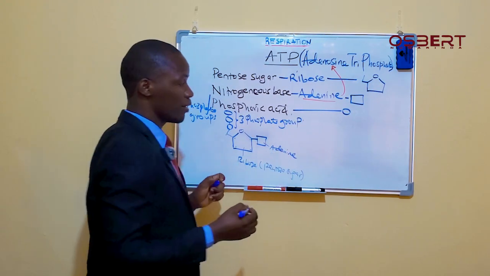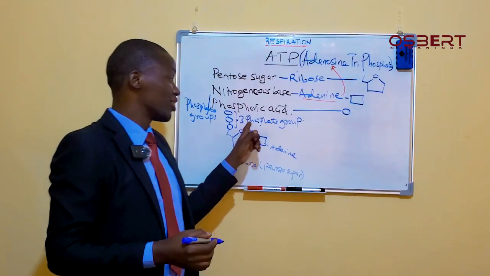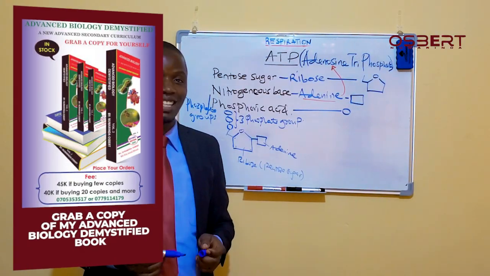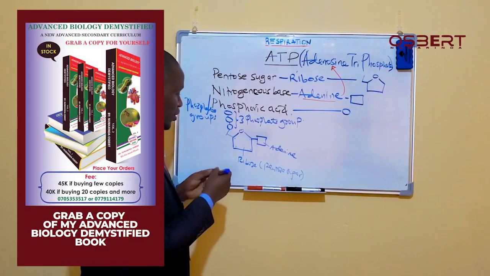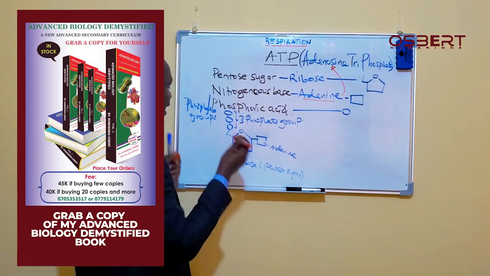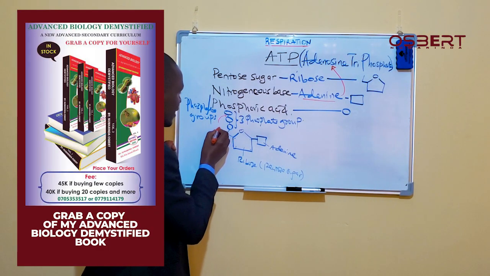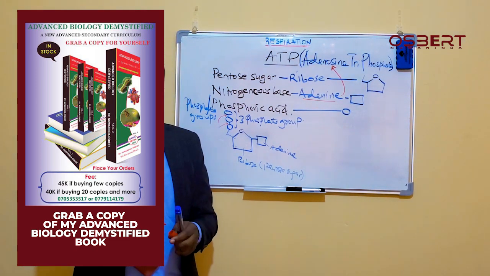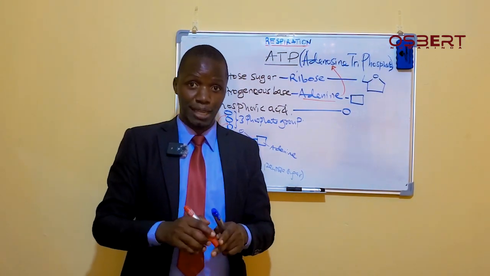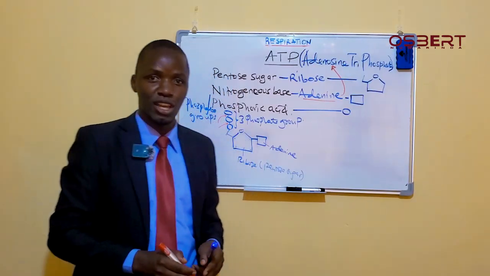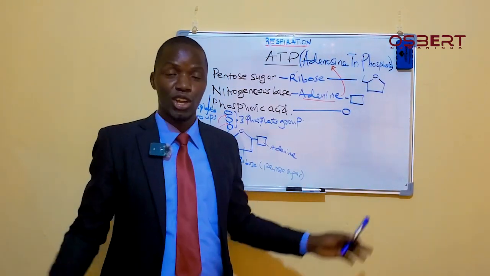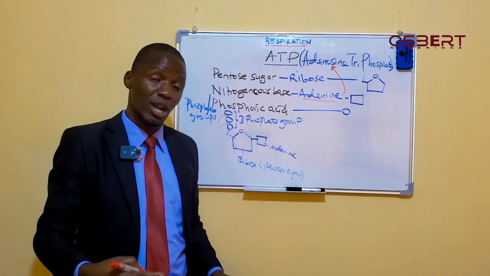Now, something very important you need to know is that when we are forming these phosphate groups, that's where energy is hidden. In the bonds which are in between these phosphates, that's where the energy from respiration is kept. So if these bonds are broken, that's when energy is going to be released. Remember, I told you that ATP is the way energy is stored.